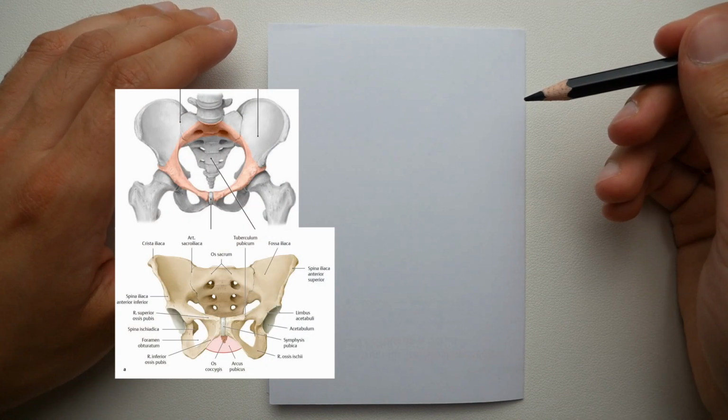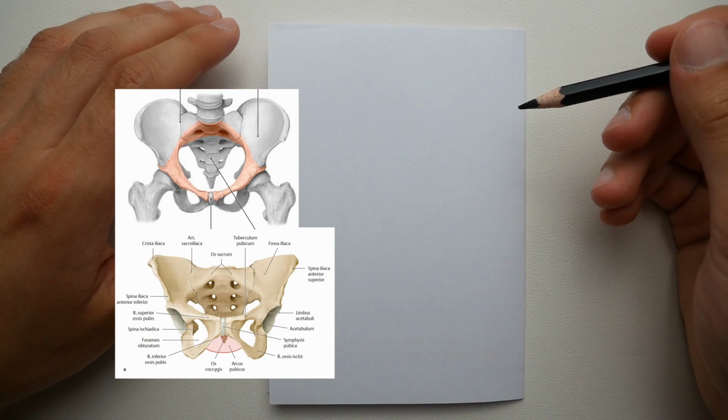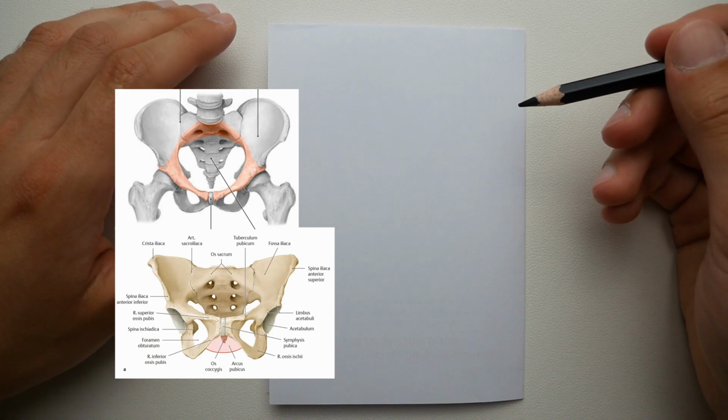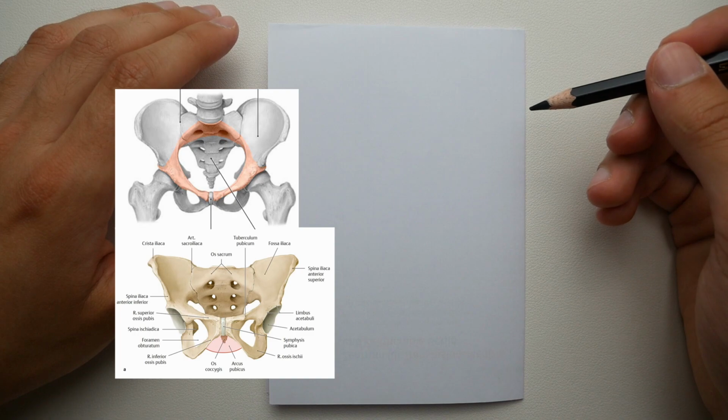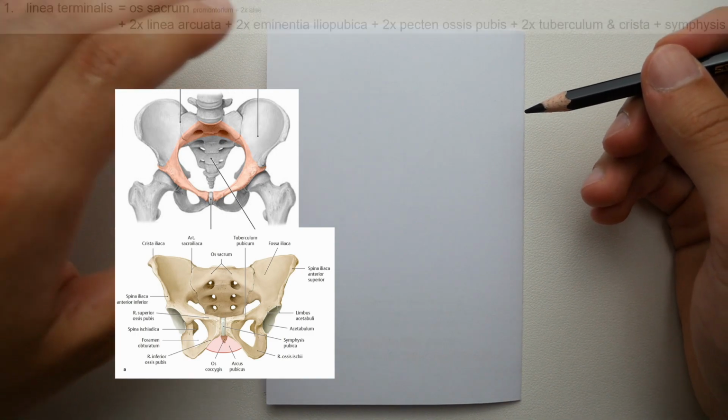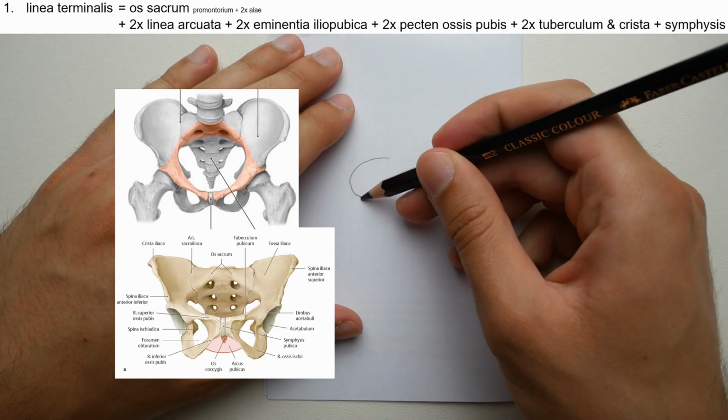Now we will draw the pelvic bone that consists of the two os coxae and os sacrum. The drawing will serve as a template for muscle attachments, blood vessels, and nerves in the future. First, we draw the linea terminalis.